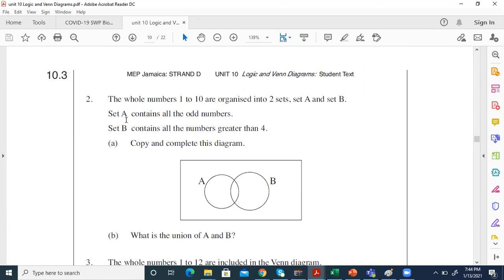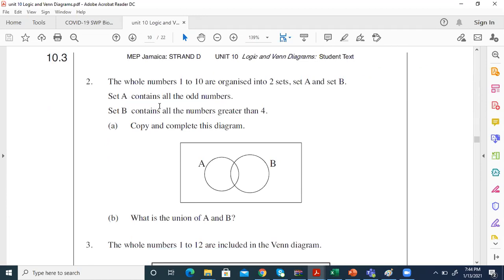So set A contains all the odd numbers: 1, 3, 5, 7, 9 would be A. And then B, all the numbers greater than 4, so you have 5, 6, 7, 8, 9, 10.